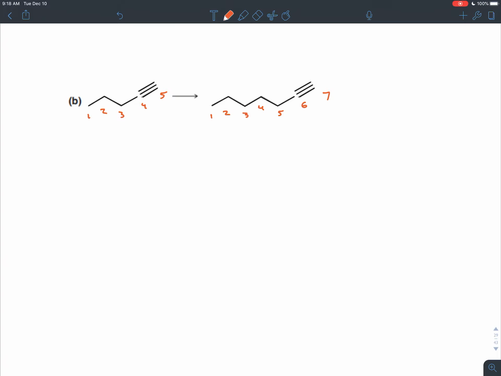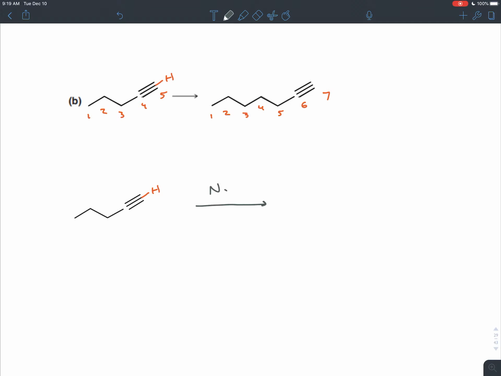Now, it might be tempting to look at this and say, well, that's a terminal alkyne. Let's use that. Let's rip the hydrogen off of that. I'll just do this quickly because it's a misleading line of thought.